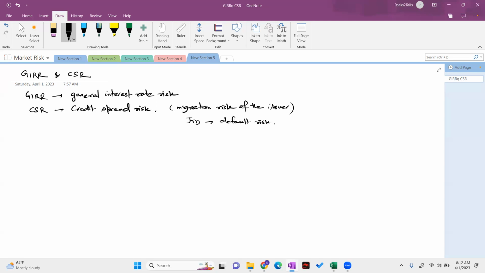All right, so let's discuss the simple maths that drives the risk, and then we'll look at some examples in Excel. And then in the second half, I will walk you through the entire FRTB regulation, the calculations that we need to perform under GIRR and CSR. Okay. So first example, very simple.